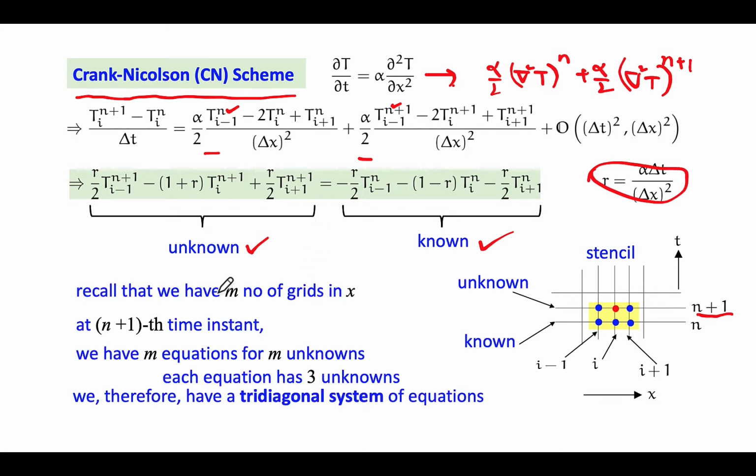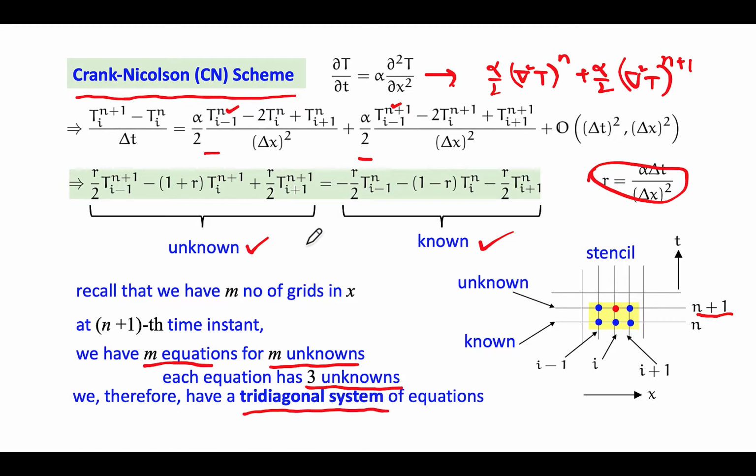It looks like if we have m number of grid points, then at the n plus 1th time instant we have m equations and m unknowns. However, each equation has only 3 unknowns. Therefore, once again, we have a tridiagonal system of equations.